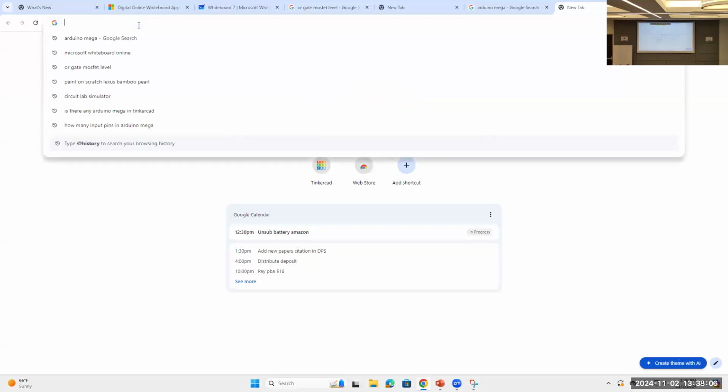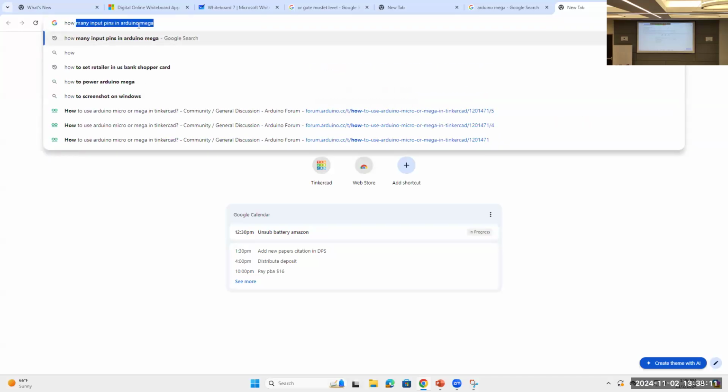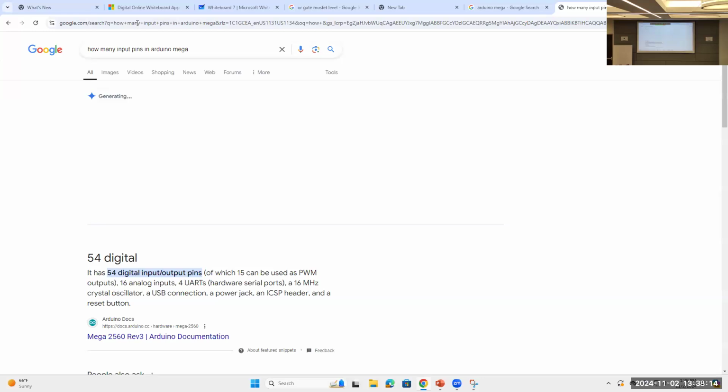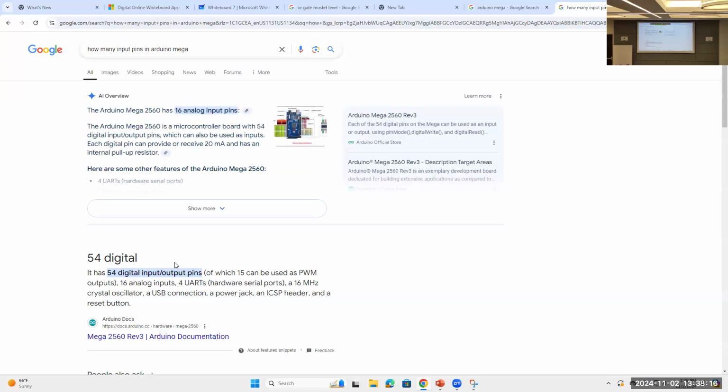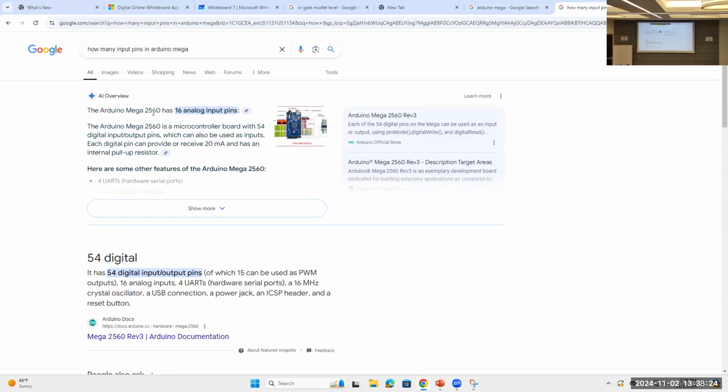Here, 54 digital input output is the total number. As you can see, the Arduino Mega 2560 model has 16 analog inputs. So we will have to deal with analog pins. We need 16 pins, and the Arduino Mega has 16 pins.